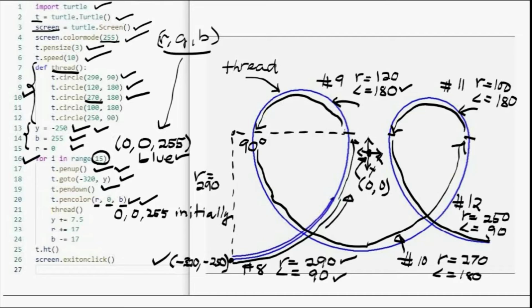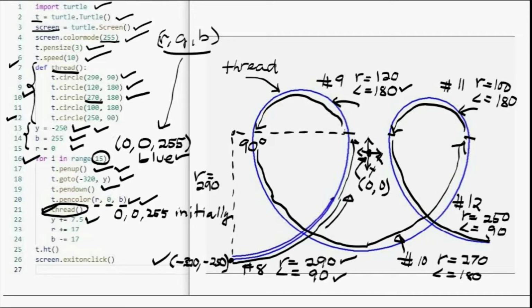And then I call the function thread. This is a very important command here. This is calling the definition of the thread from numbers 7 up to number 12. So when the computer encounters this, it will draw the whole thread.